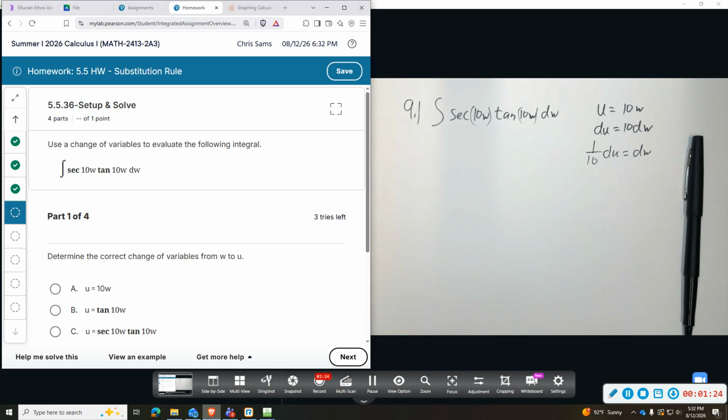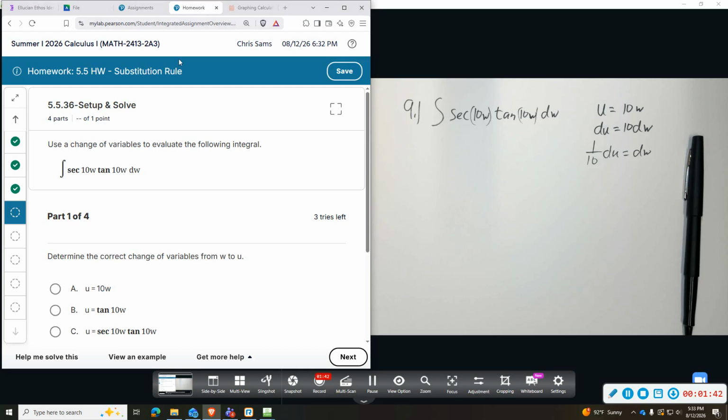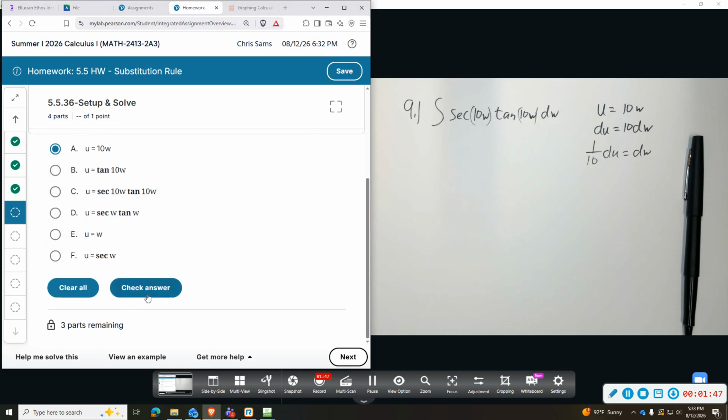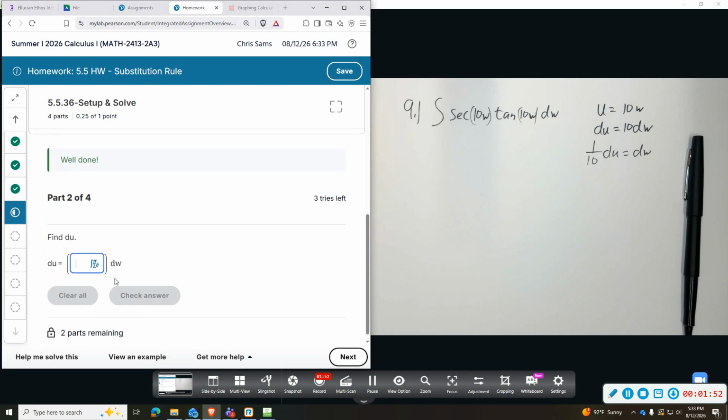And then we'll use our trig cheat sheet to find the integral of secant tan. So right here, integral secant tan is just secant. Okay, so that is one of those familiar ones. So here we can let u equal the 10w, and then du, which we've done the derivative of u, is 10 dw. That's what they're looking for.